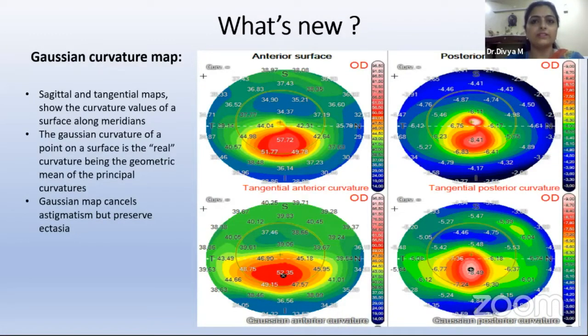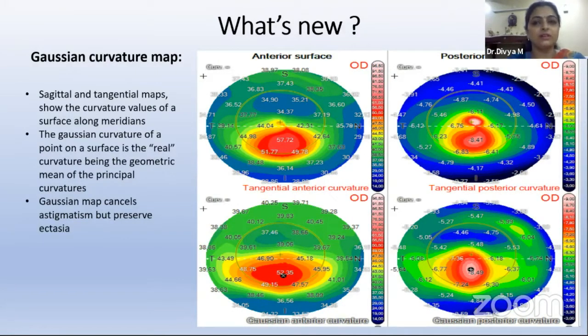So the Gaussian curvature is nothing but the product of the steepest and the flattest local curvatures at each point on the given surface. Both the sagittal and tangential maps show the curvature values of the surface along the meridians. In other words, they do not actually consider the surface curvature in sections different from the meridional one.